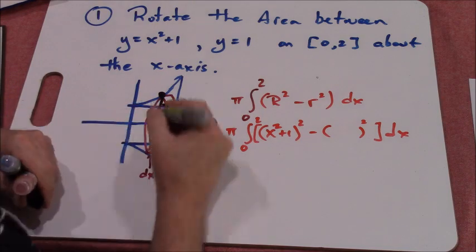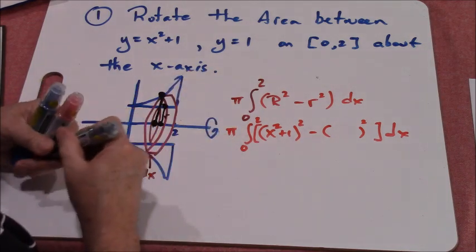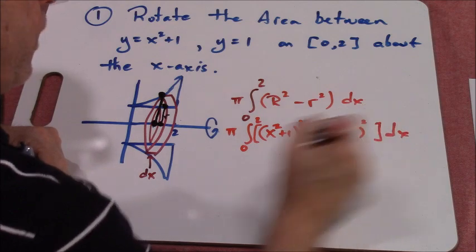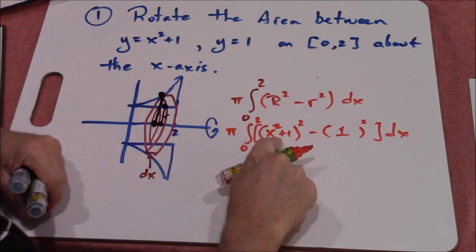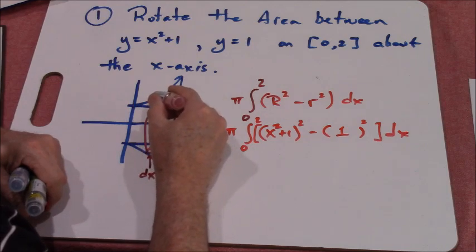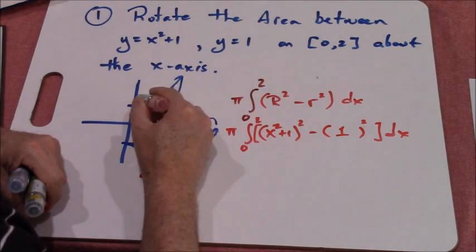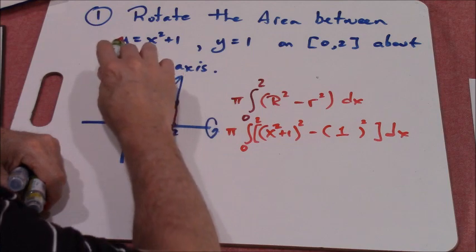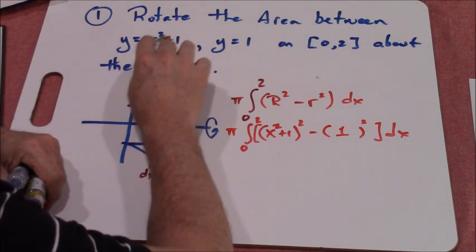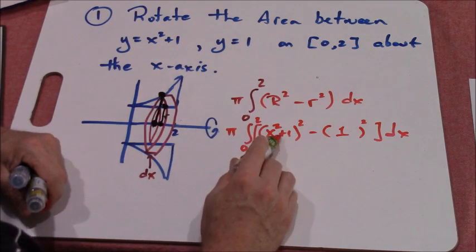And when that happens, we can just say 1 squared. See, here I need my x variable because the radius is changing. Even though it's the y-coordinate that's changing, we're saying y is equal to x squared plus 1. So whatever this is, it represents that larger radius.